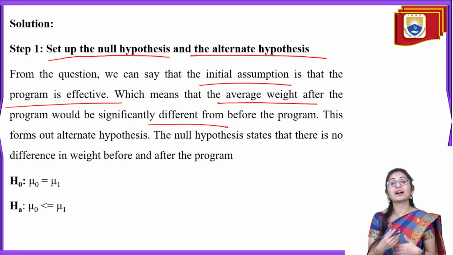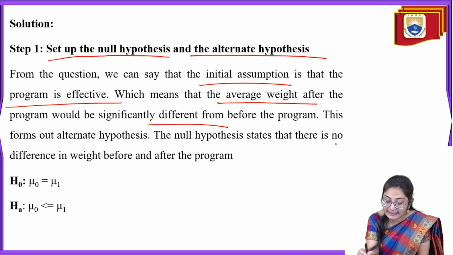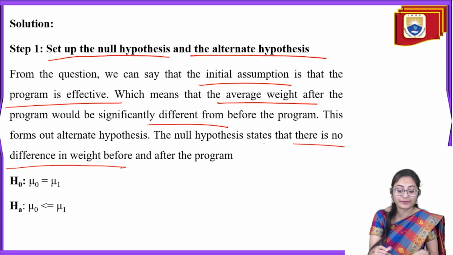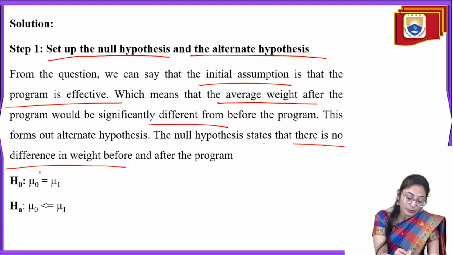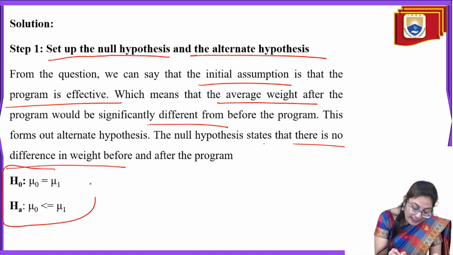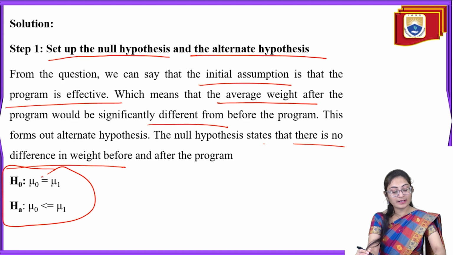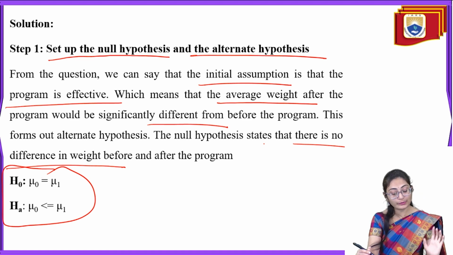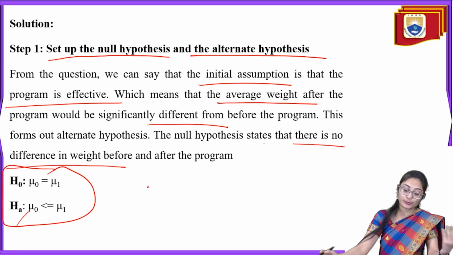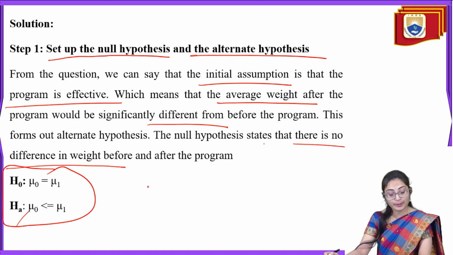This forms our alternate hypothesis, and the null hypothesis states that there is no difference in the weight before and after the program. So H naught, the null hypothesis, is mu naught equal to mu 1, and the alternate hypothesis is mu naught less than or equal to mu 1.